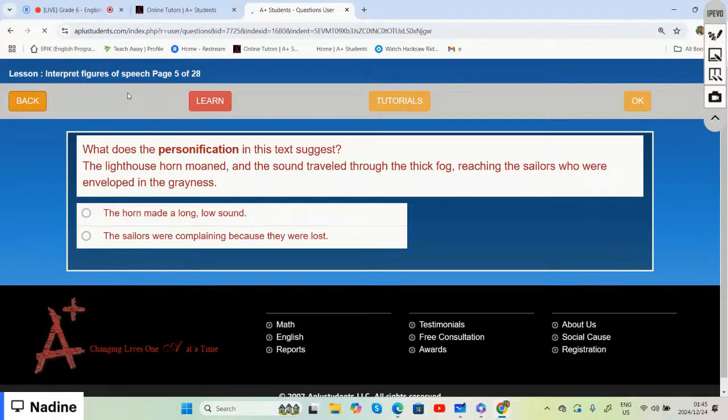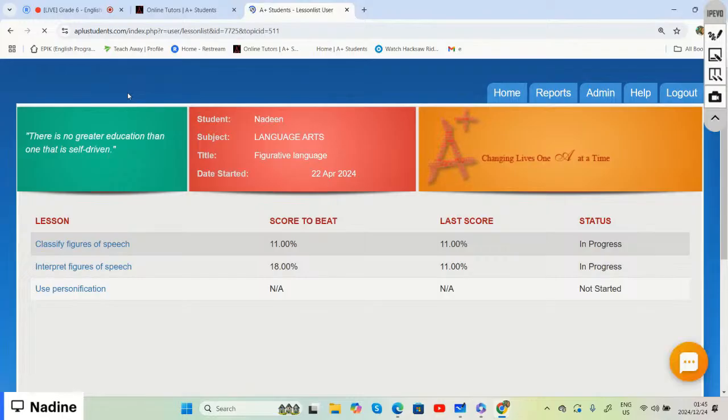All right, so this is the end of our lesson on figures of speech or figurative languages. Figurative language is basically descriptive language that tells us the meaning in a way that is different from the literal meaning.